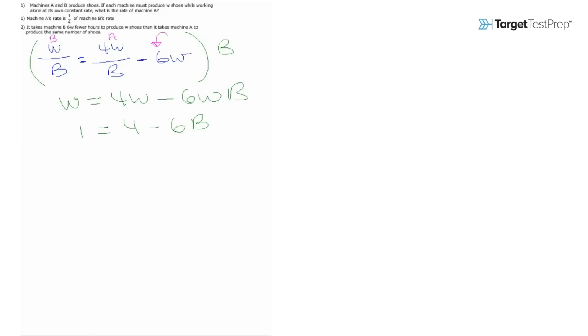We'll say that 6B is equal to 3, or B is equal to 1/2. Okay, so what we know then is the rate of B is 1/2 of a shoe per hour. So then the rate of A must be 1/2 times 1/4, which is 1/8 of a shoe per hour, right? Because the rate of A is 1/4 of the rate of B.